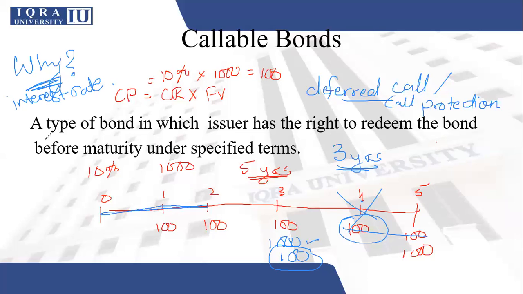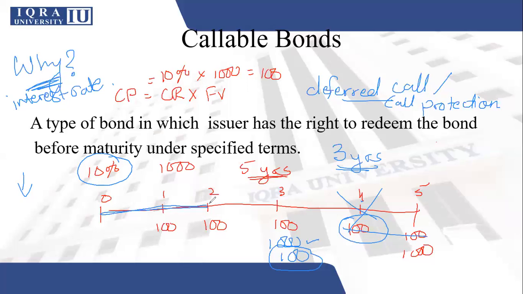Basically, if the market interest rate, which means the interest rate on the other bonds in the market, goes down, that is the time when a corporation is most likely going to call back their bond. Now, why is this the case? For example, you can see over here that the coupon rate was 10%. Let's say that the other bonds in the market at that time were also being issued at this 10% rate.